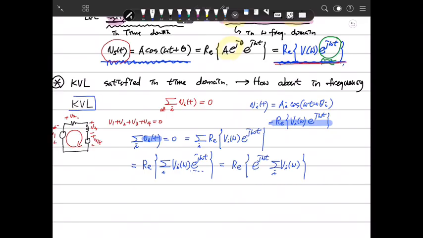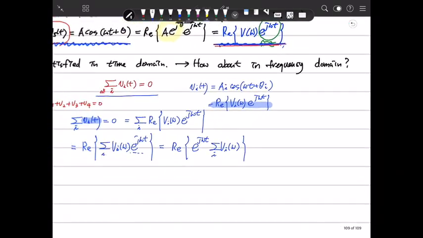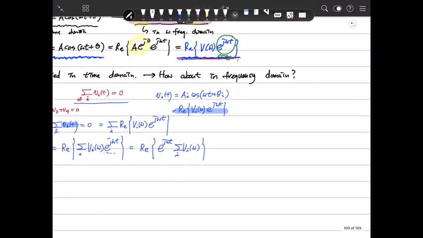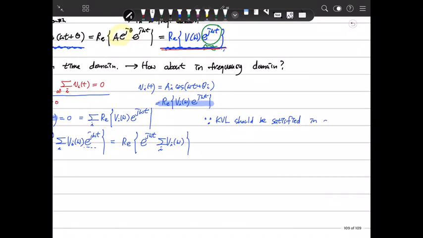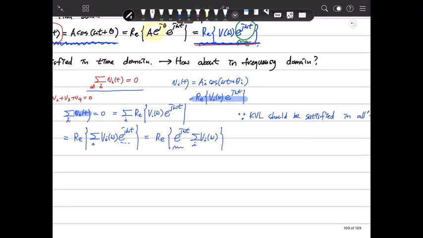I mean, KVL is always satisfied at all times. It should be satisfied for all t, whatever the value of t.